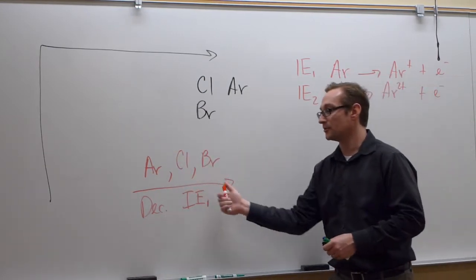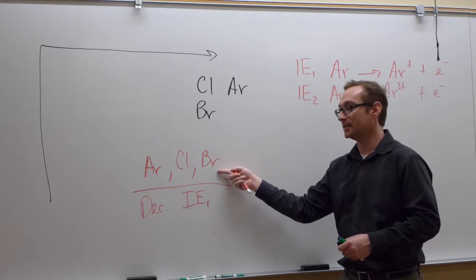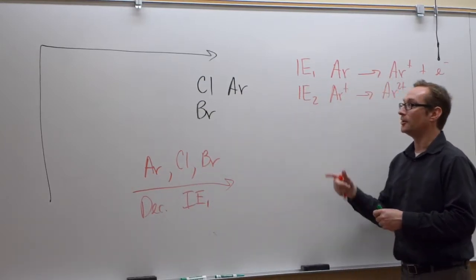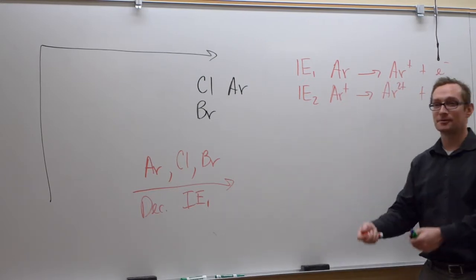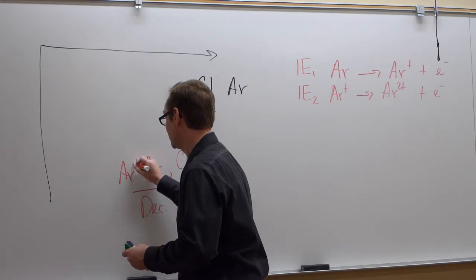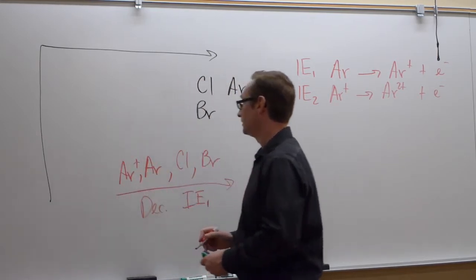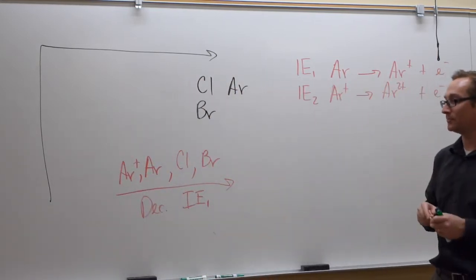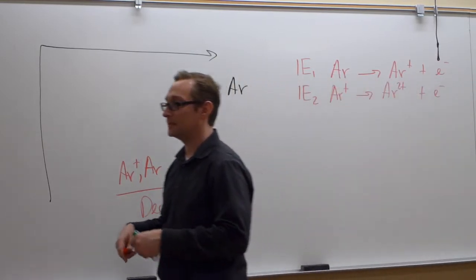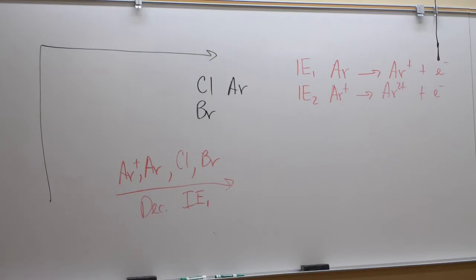Remember, in decreasing order, bromine is the easiest to ionize, argon is the more difficult one. So argon plus is even more difficult to ionize, right? Make sense? So this is the concept of successive ionization energies increasing as you're trying to pull more and more electrons off.